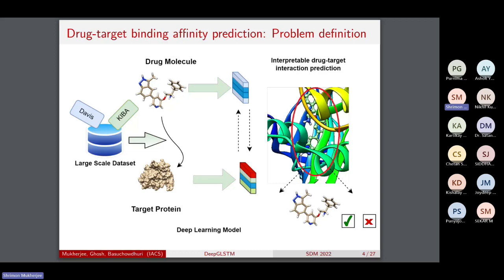In the earlier days, drug design was very hard because, from the literature, we know that the number of druggable candidates present in nature is greater than 10 to the power 8. So it's very huge.